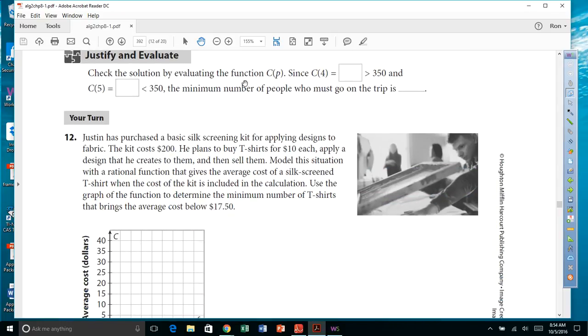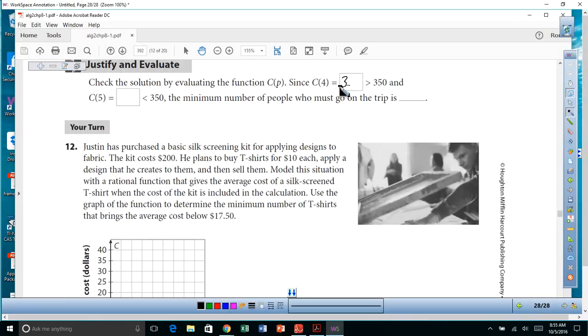Check the solution by evaluating the function C of P. Since C of 4 is 355, which is greater than 350, and C of 5 is 344, the minimum number of people who must go on the trip is 5.